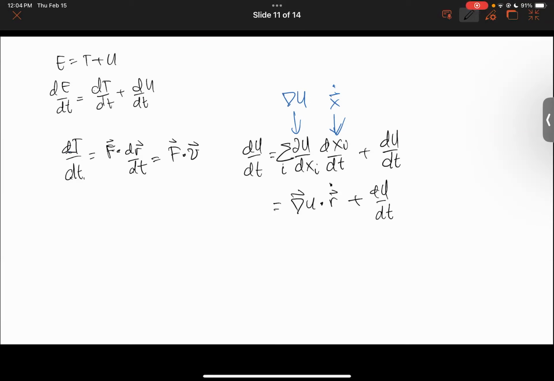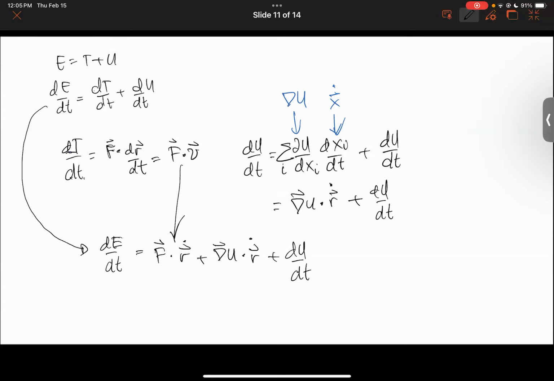Okay, so going back here, dE/dt now becomes F dot v. So lagyan na natin yun dyan: F dot r dot plus gradient ng u dot r dot plus dU/dt. So factor out natin yung r dot: F plus del u dot r dot plus dU/dt. Now what do we have?